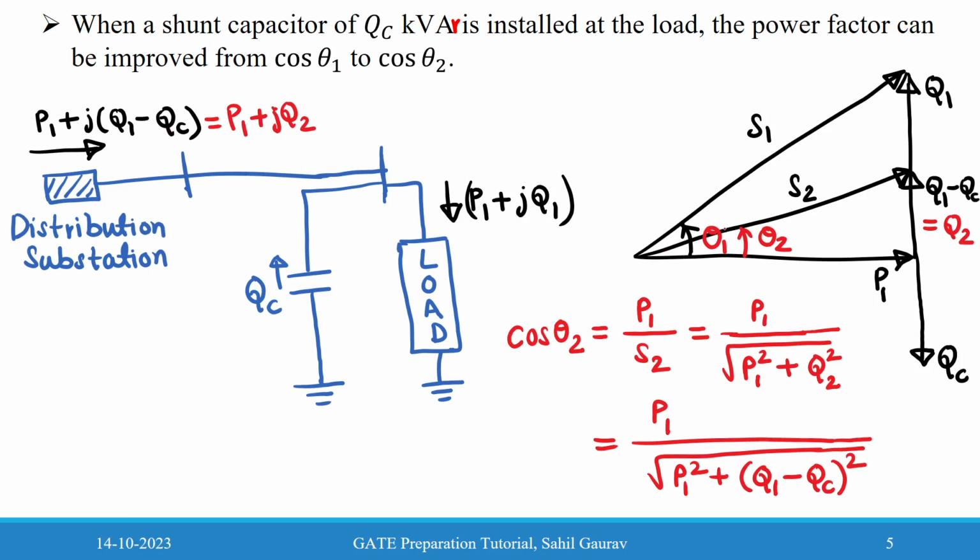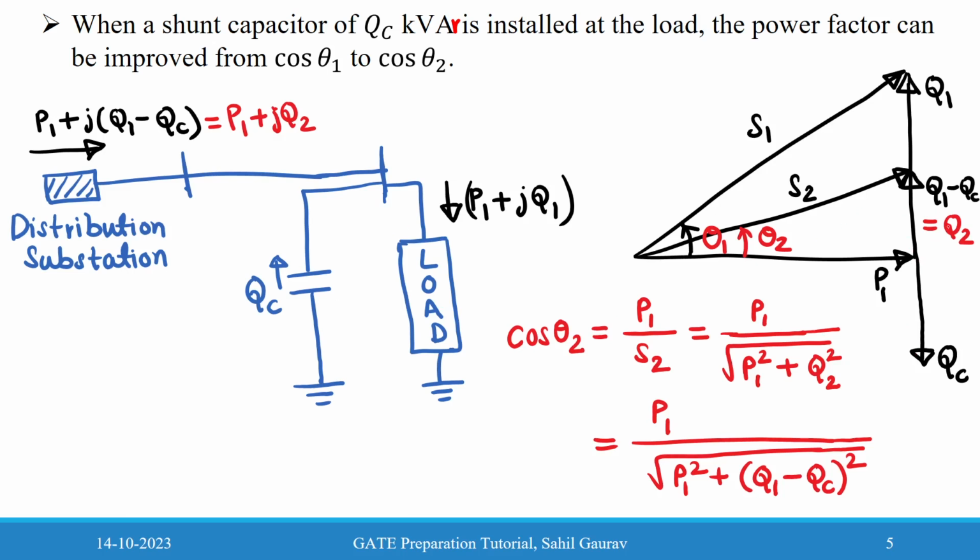So whatever power triangle we have drawn in the previous slide, we will add Q2 and QC in the same power triangle, so that we can see how the power factor improves. We are giving the reactive power locally to the load.